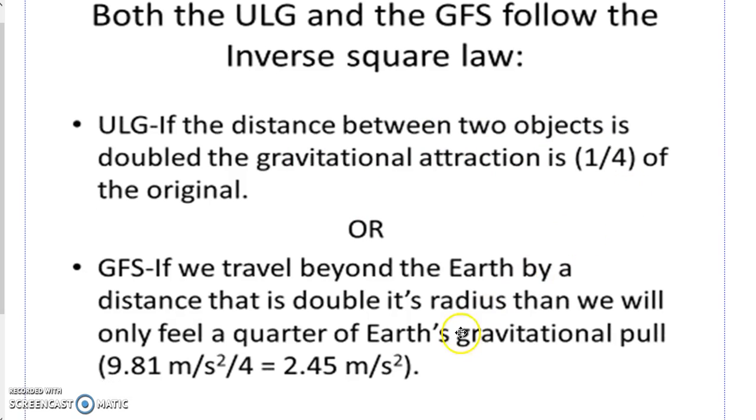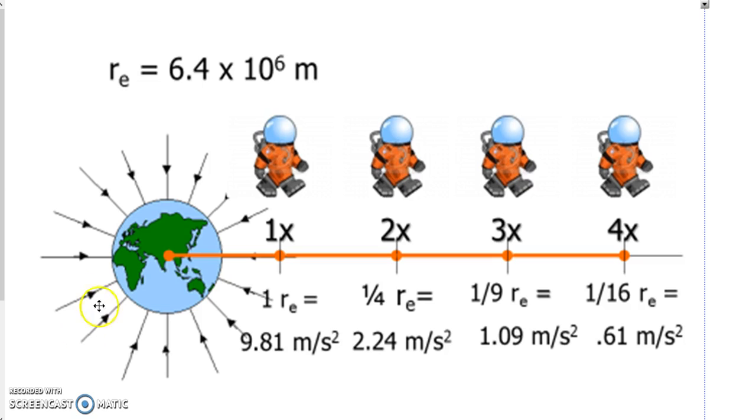If we travel beyond the Earth by a distance that is double its radius, then we only feel 1/4 of Earth's gravitational pull. So, for example, my gravitational field strength is 9.81, and if I move out, it's a quarter, and I go further, so the power of gravity is less and less and less.